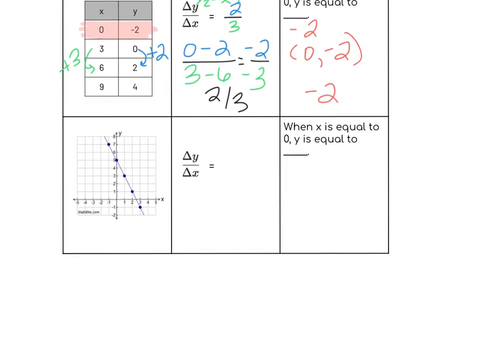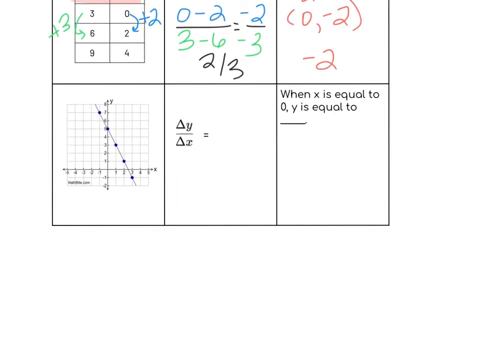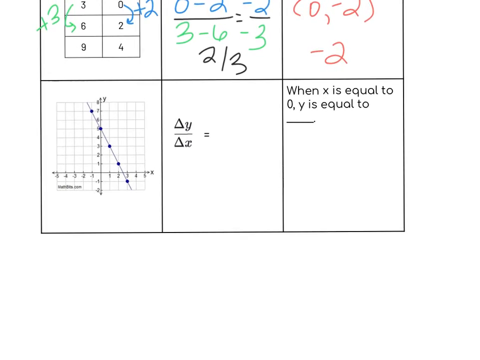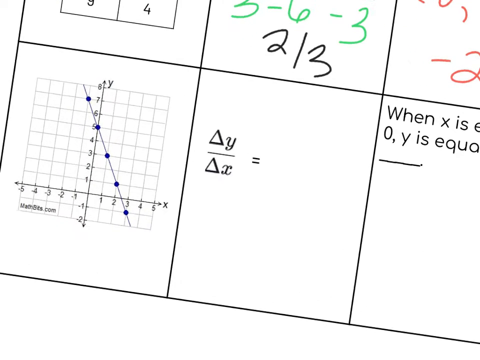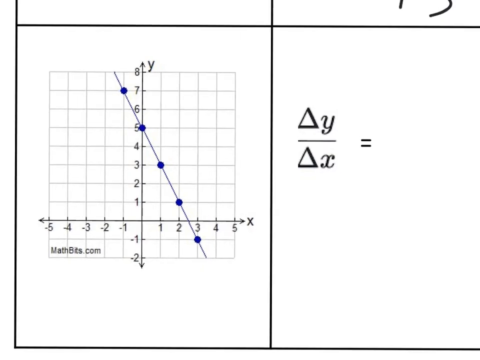Okay, so now let's look at a graph. What are we going to do with this graph? Change in y over change in x. So we're going to draw what we call a slope triangle. It doesn't matter which 2 points I pick, so I can draw my slope triangle here, my vertical change here, or I could do a vertical change all the way up to here.